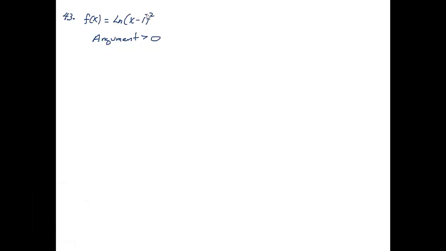Okay, this one is interesting because the argument is (x minus 1) squared, and it has to be greater than 0, correct? But isn't the square telling you that this thing is always going to be positive?